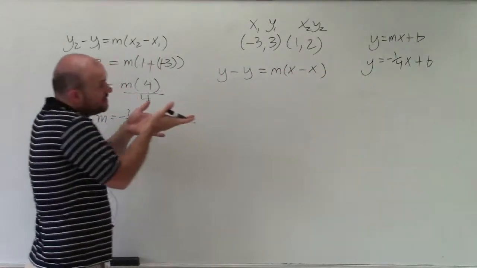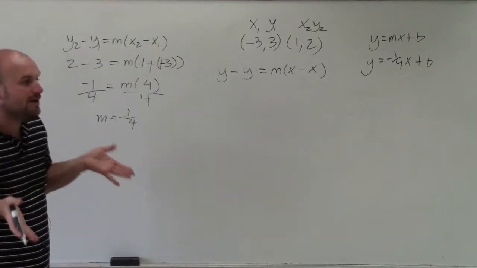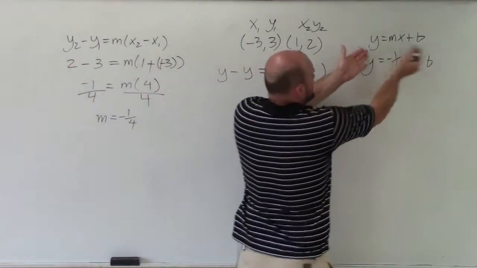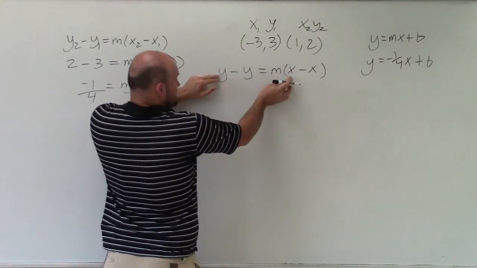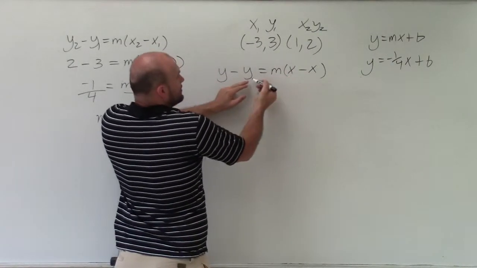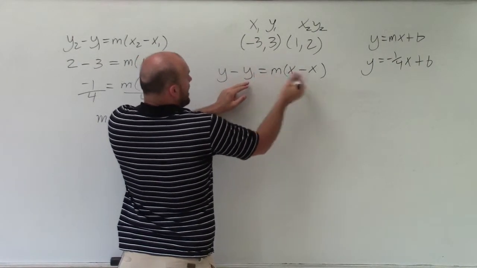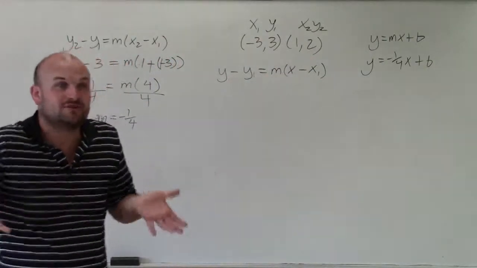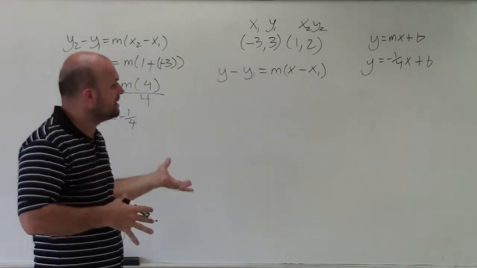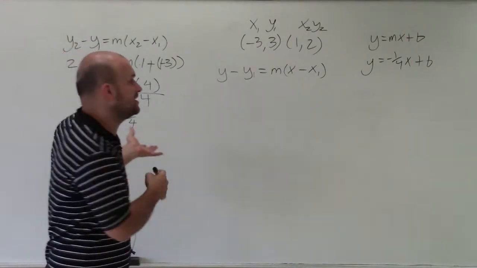Remember, when I'm writing an equation in slope-intercept form, I just have y and x. So I'm going to leave 1 y and 1 x as they are. And then the other y and x, I'm going to use y1, x1. And if you want to use y2, x2, then use y2, x2. It doesn't matter which points you plug in, but choose a point to plug in for that other value.